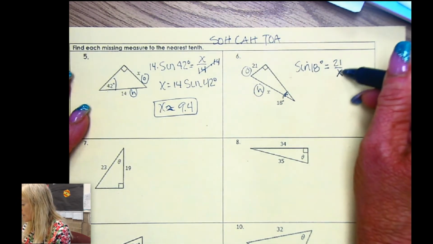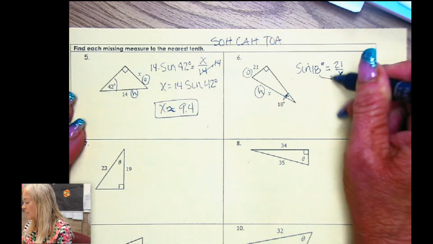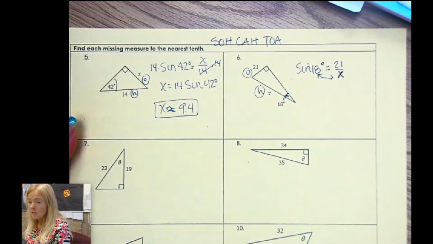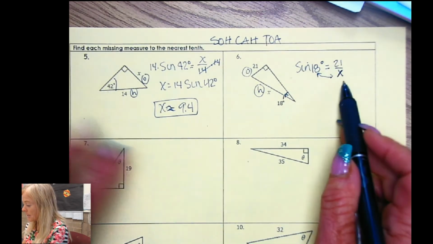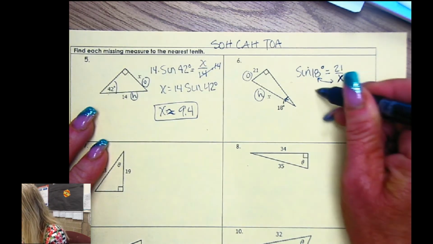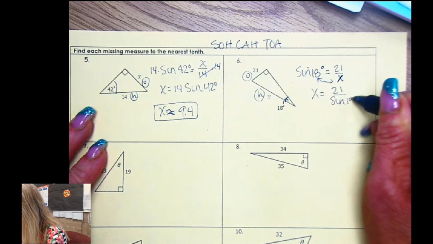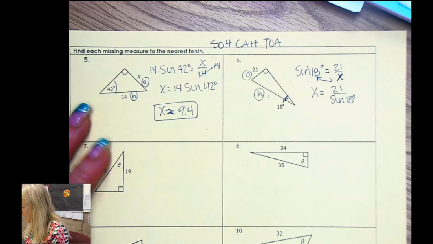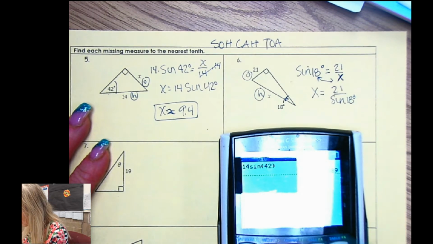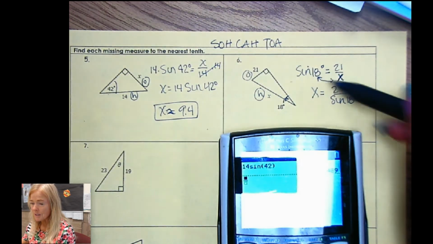In this case, our x is on the denominator, and as you recall from the video, we just switch those two when x is on the denominator in order to solve for x, because we need to solve for x so we know what to put into the calculator. When you switch those, x is equal to 21 over sine 18. The 21 stays stagnant; only the x and the sine switch.